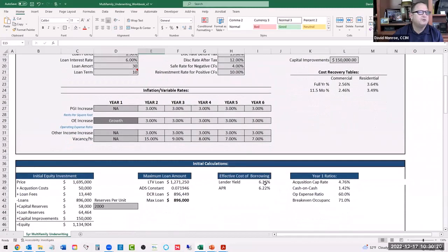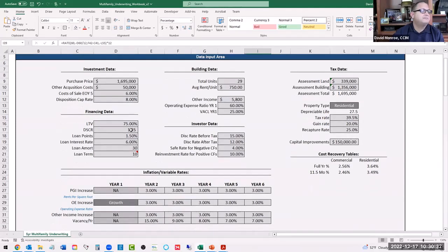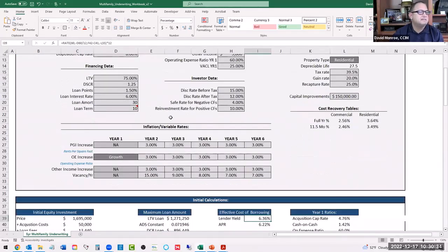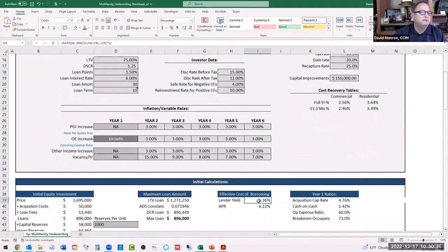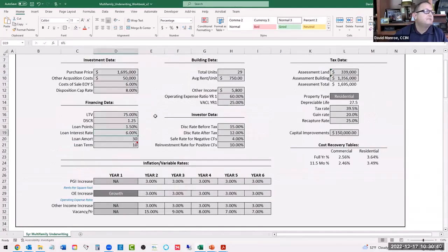That should have included the loan points. What's my field here? D18. Oh, it didn't include my loan points. I might have to readjust that because that lender yield needs to include the loan points. Actually, it probably does because I went really low.